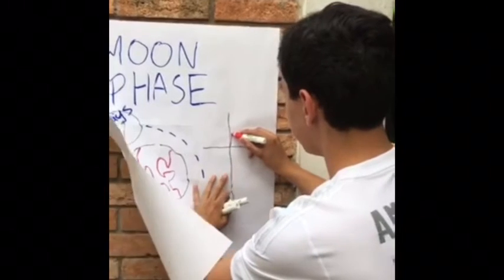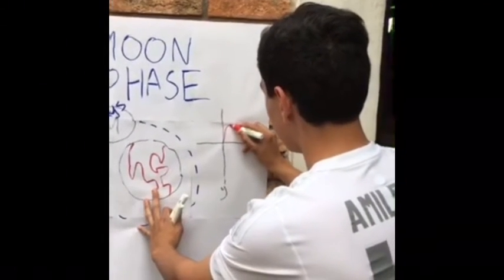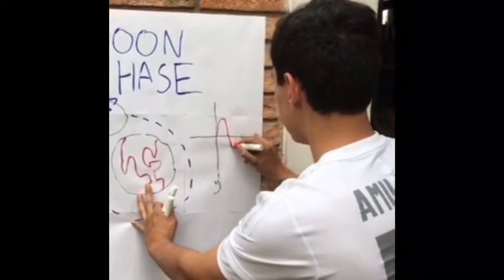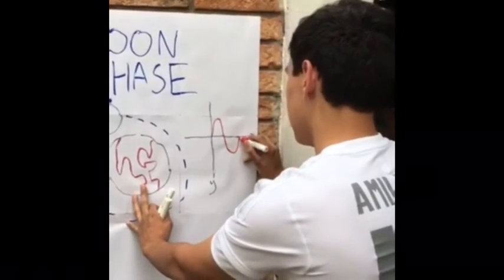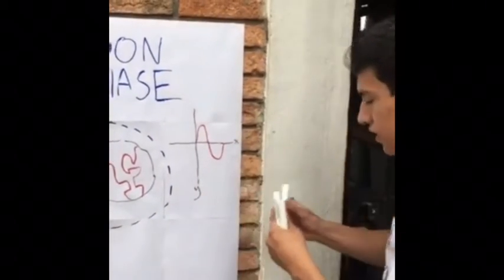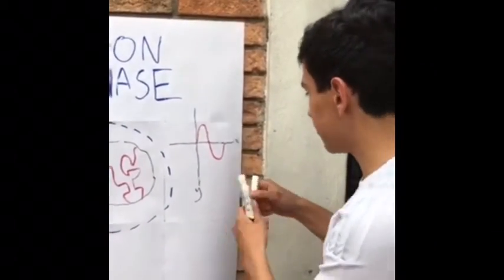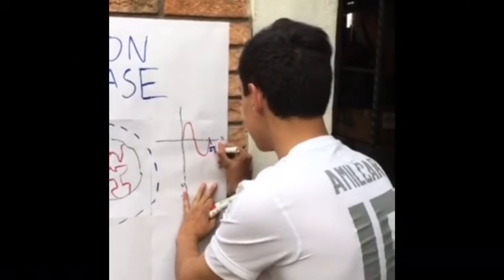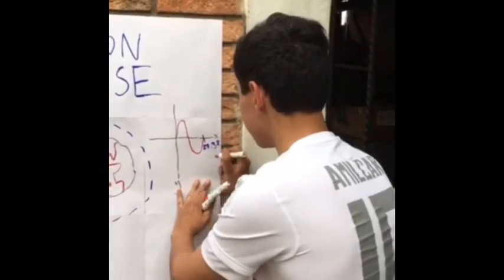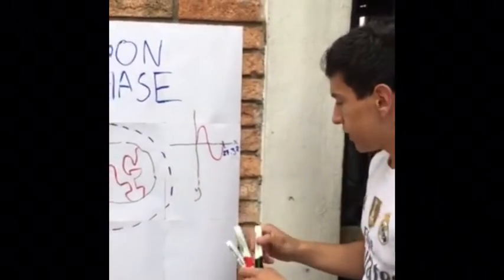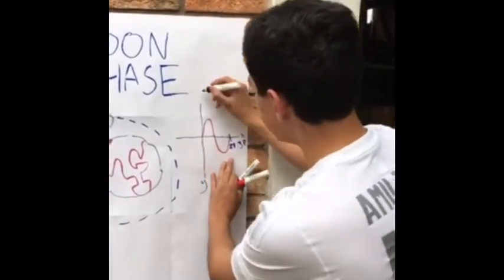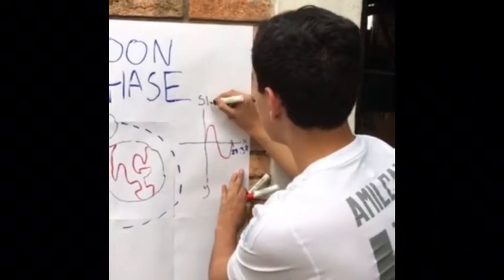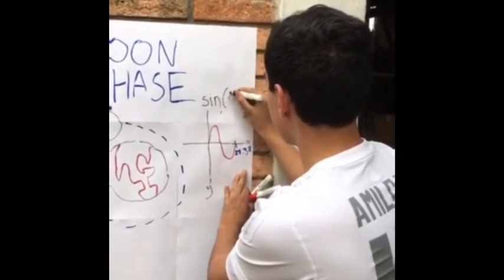We start here, we go all up here, and we go down, and we finish here. This is a complete moon phase, and we have an x-intercept on 27.32. This is the sine function.